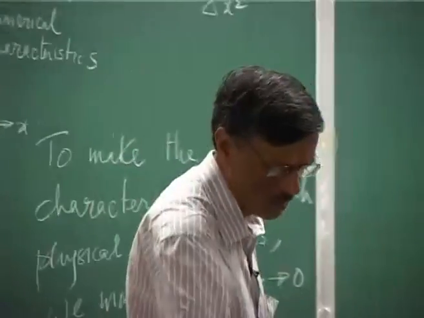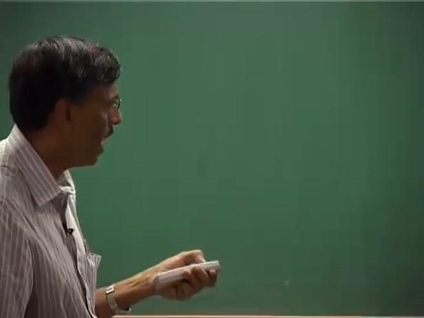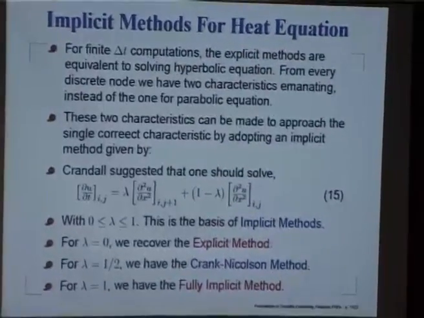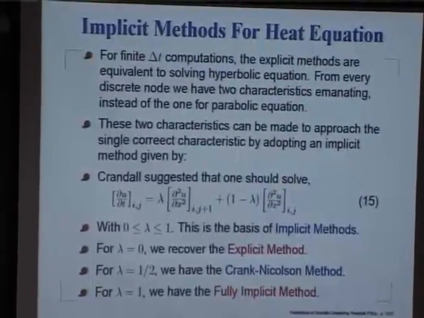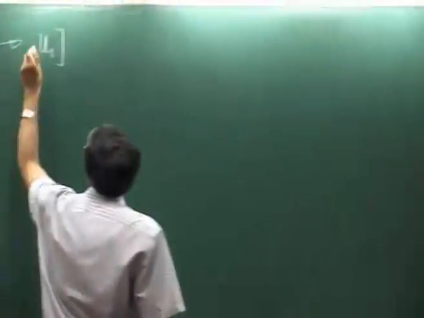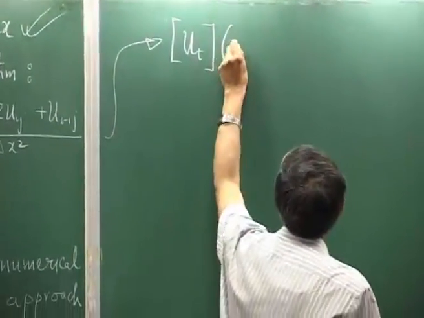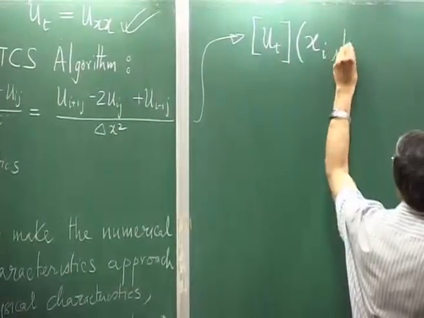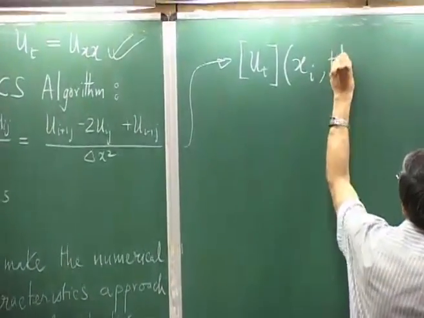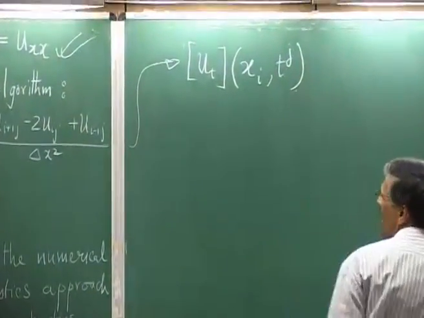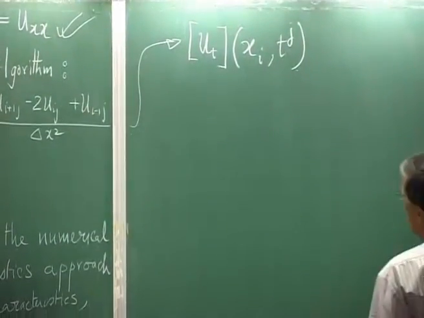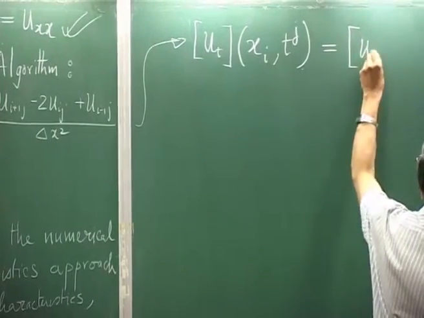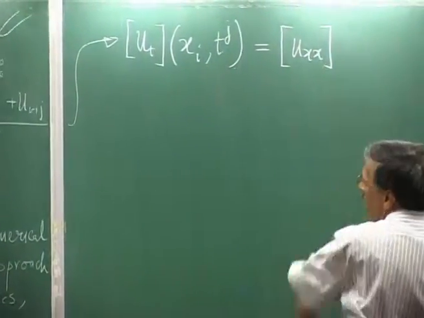That is noted here: what we had done when I wrote this FTCS algorithm, I evaluated this at some node which I called xi, and I took the time level which I called Tj, and I wrote this as Uxx evaluated.